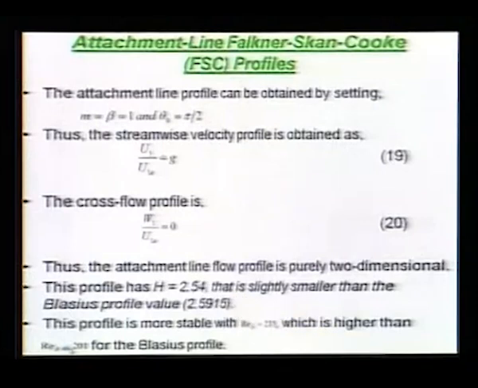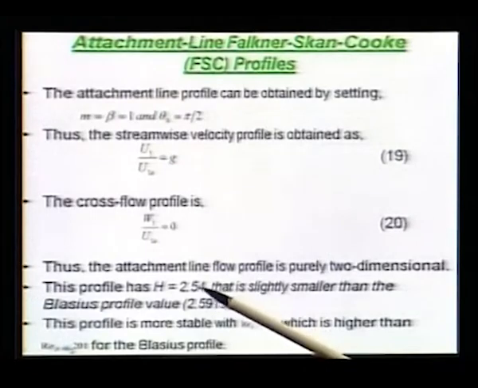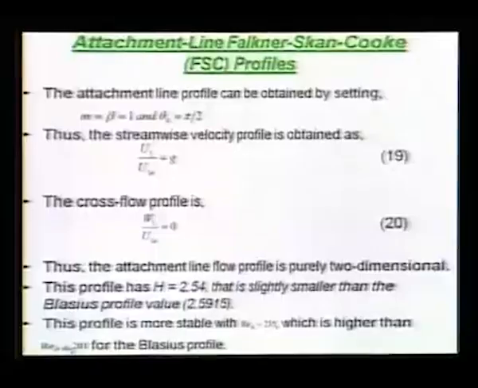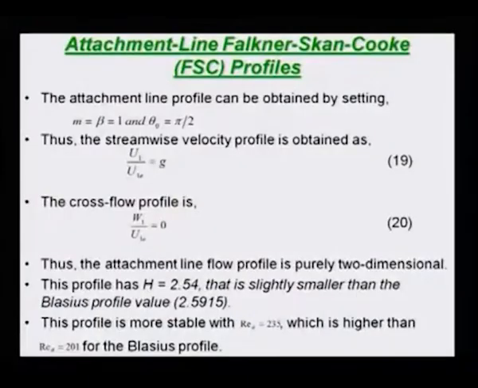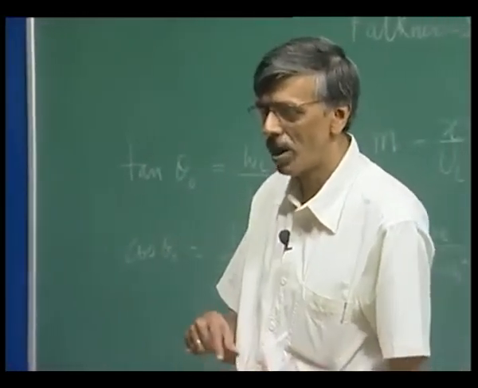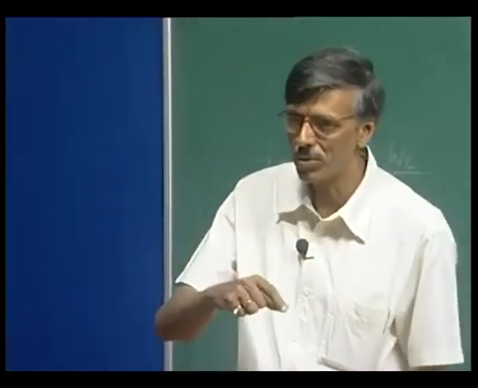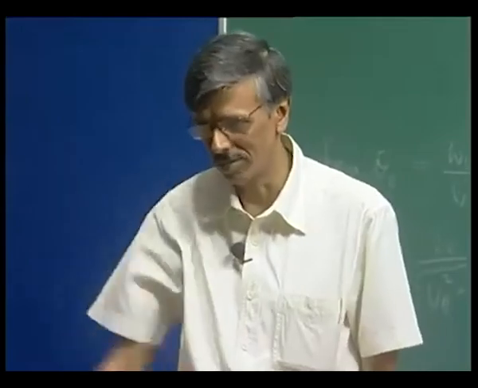So, we notice that this profile is purely two dimensional, and you can do a little bit of computations and then calculate the shape factor. The shape factor is 2.54, which is slightly smaller than the Blasius profile. So, that means what? Of course, it will be more stable. Smaller the value of H, more stable it is. You saw that flow with adverse pressure gradient, H keeps rising, right.